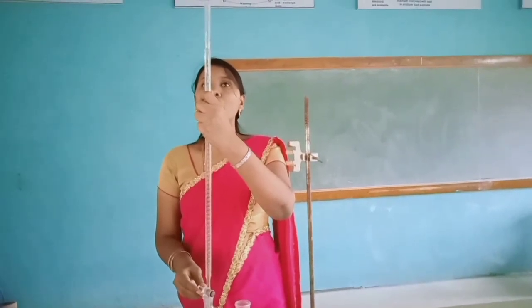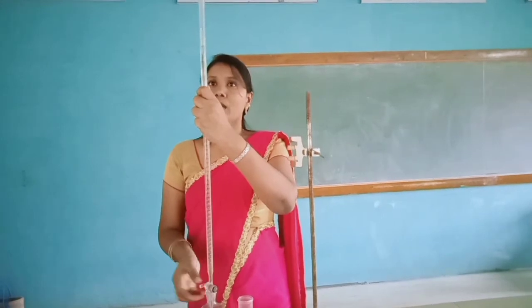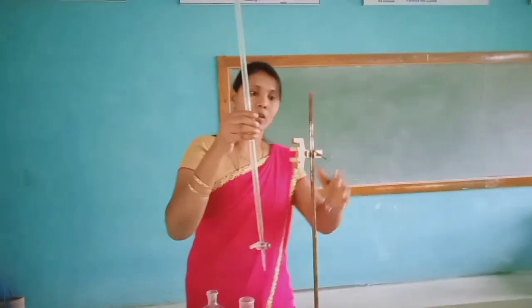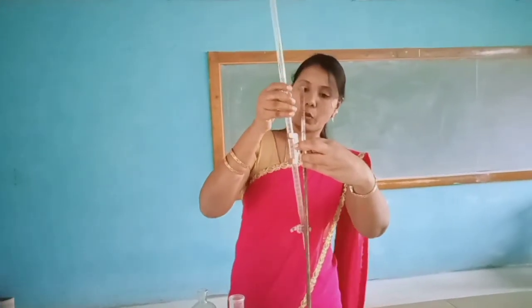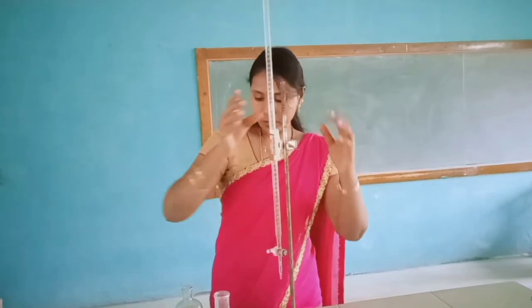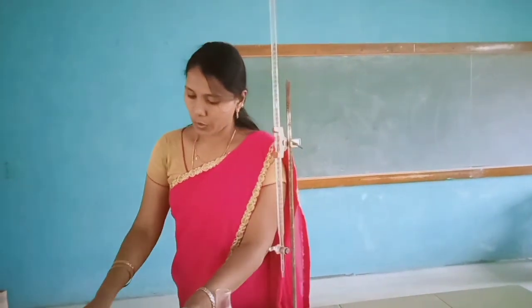Always we have to take the lower meniscus. Okay. Here take the lower meniscus. So the capacity of the burette is 50 ml. Now fix the burette to the stand. Here the given pipette out solution is sodium carbonate.